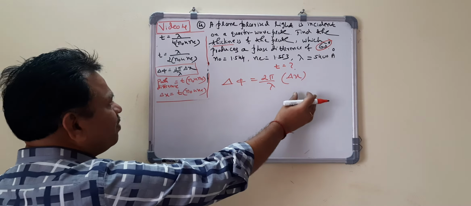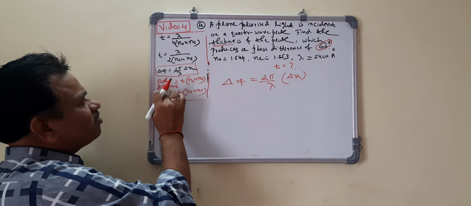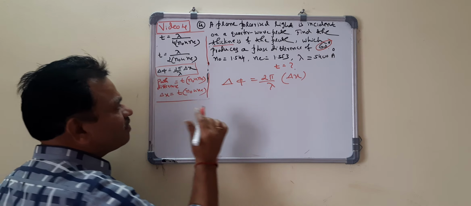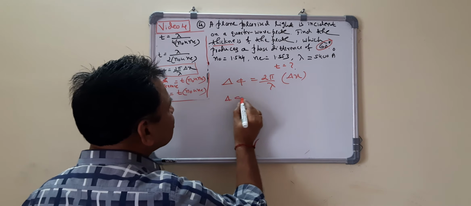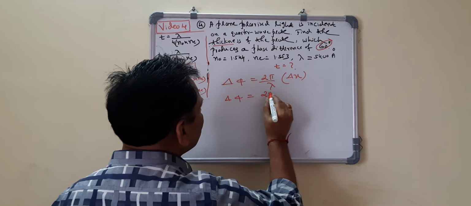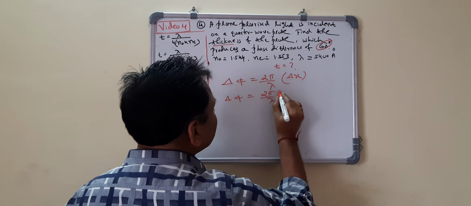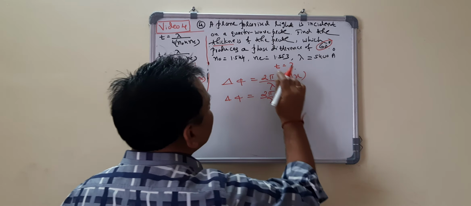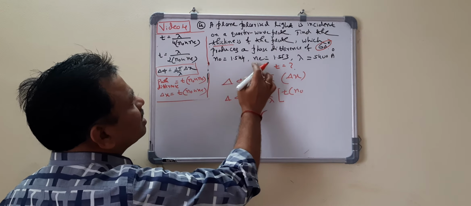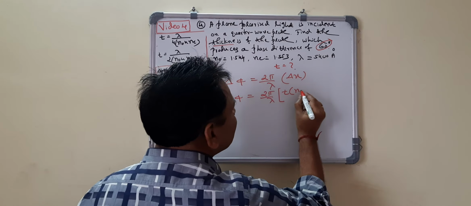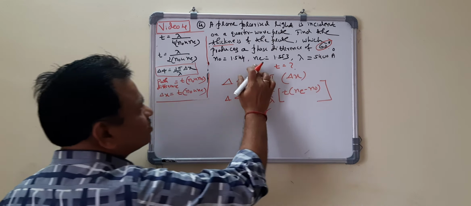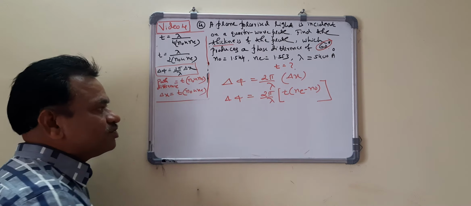Delta x is nothing but the path difference. What is the formula for the path difference here? T into NO minus NE. Can I write like this? Delta phi equal to 2 pi by lambda into T into NO minus NE. Which is greater here? NE is greater. I will write NE minus NO, because in the given data NE is greater.